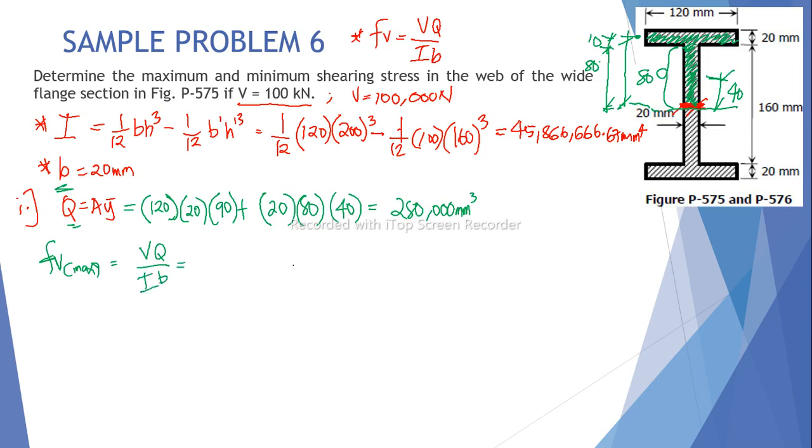V is 100,000 newtons times Q, 280,000 cubic millimeters, over I, the resolved 45,866,666.67 millimeters to the fourth, times B, the width, which is 20 millimeters.